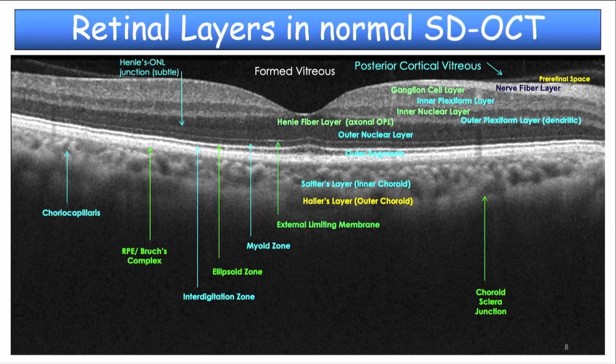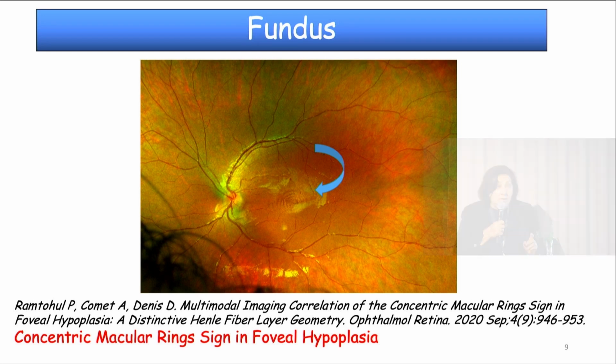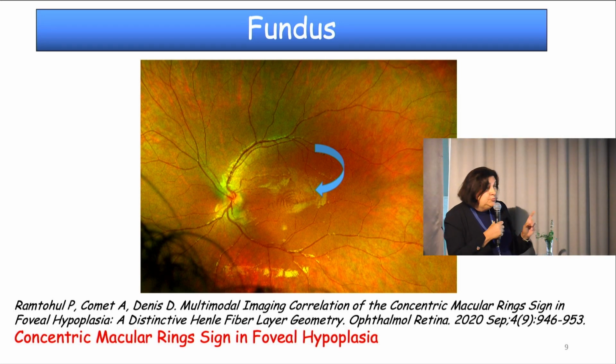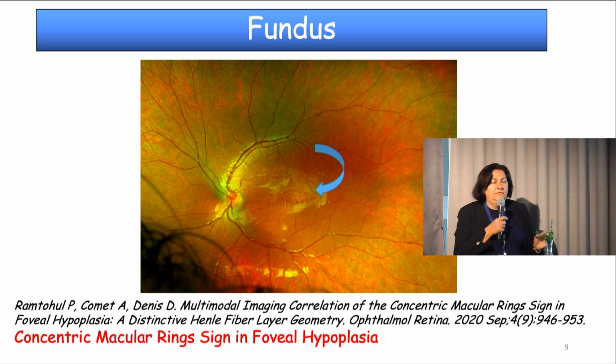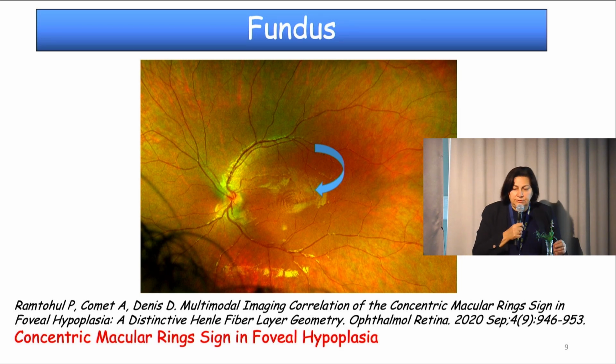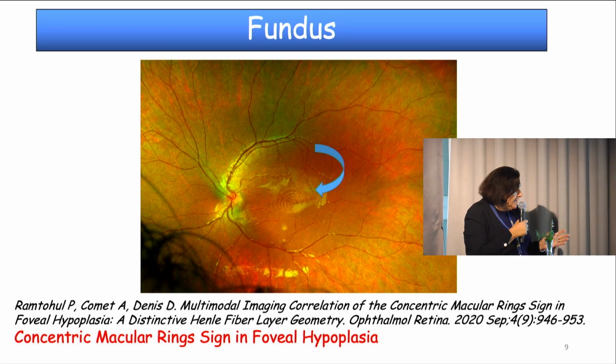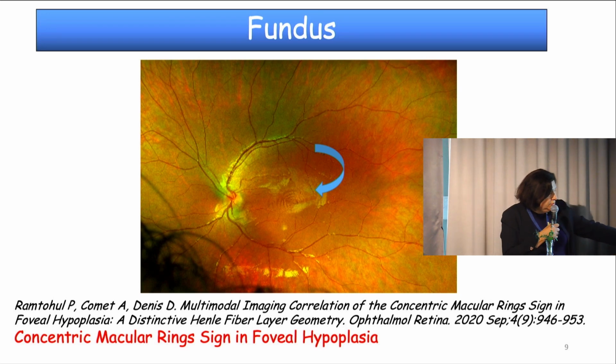So we know that retinal layers are quite complicated. I will not detail everything, but just to know that it's complicated. One point is a new point. When you observe the fundus, we have a new sign, which is the concentric macular rings sign in foveal hypoplasia.